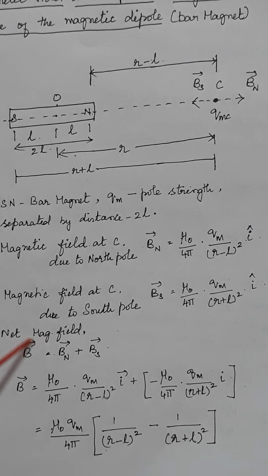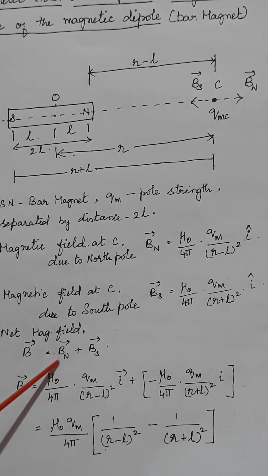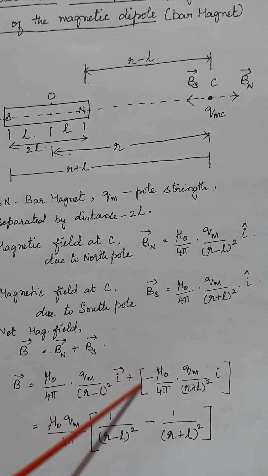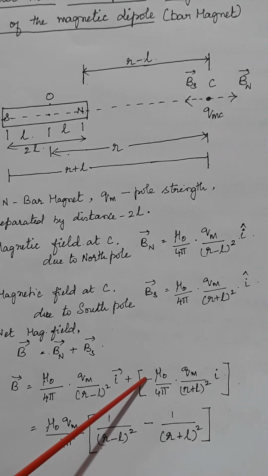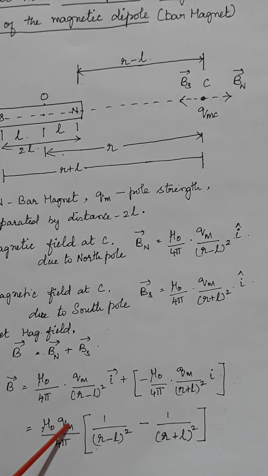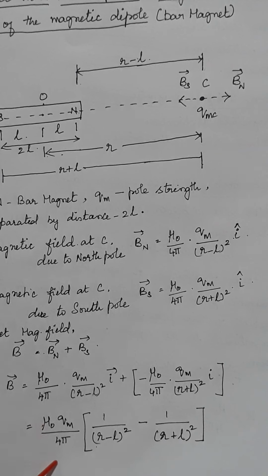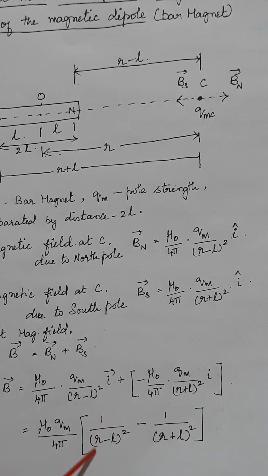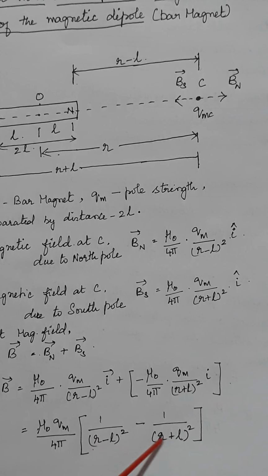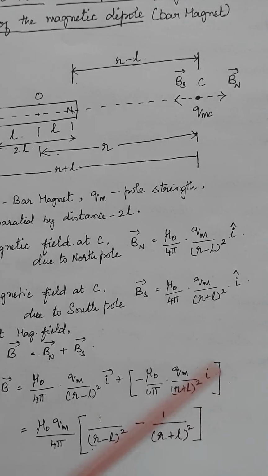So the net magnetic field, the total magnetic field, will be Bn plus Bs, where you have a negative sign. You add both, and you will have a negative sign, out of which you can take mu naught Qm by 4 pi as common. The remaining will be 1 by r minus L the whole square minus 1 by r plus L the whole square.